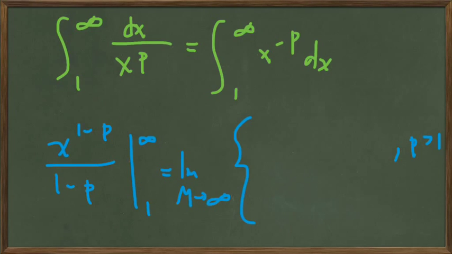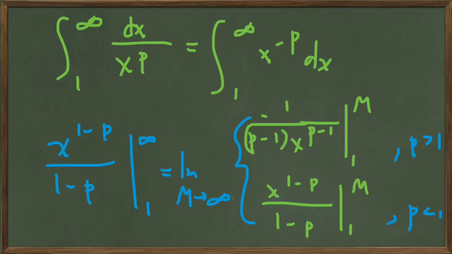So let's write this a little bit differently. We've written this differently in the case when p is greater than 1 and in the case when p is less than 1. If p is greater than 1, then as we said, 1 minus p is negative, and so we want to write 1 minus p like this.